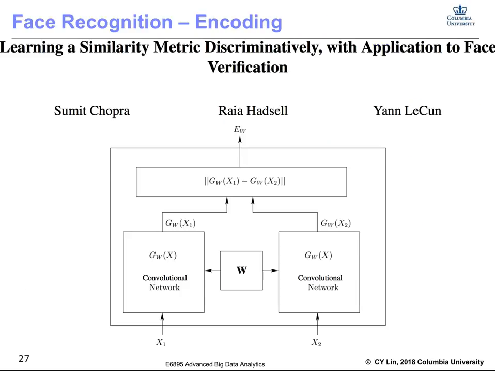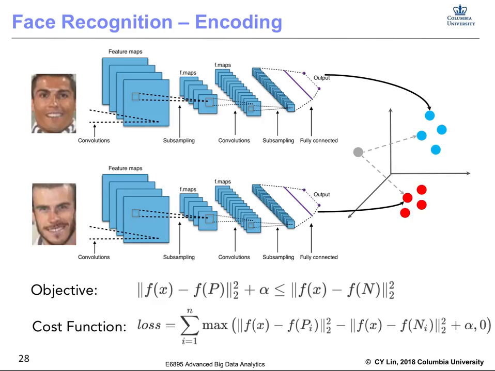The basic idea of this paper is to try to encode every image into a vector. So the similarity between each image can be calculated as the distance between each vector. And based on this idea, we implemented it with two identical convolutional neural networks. The output of the final layer is the vector that we want.